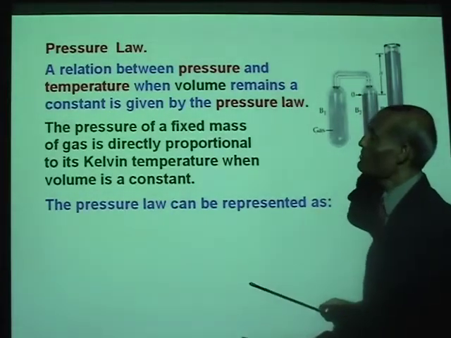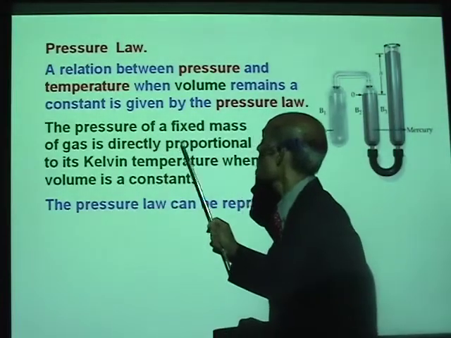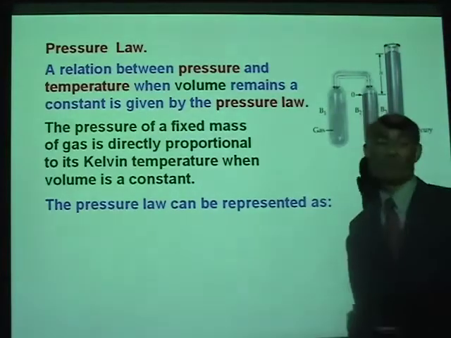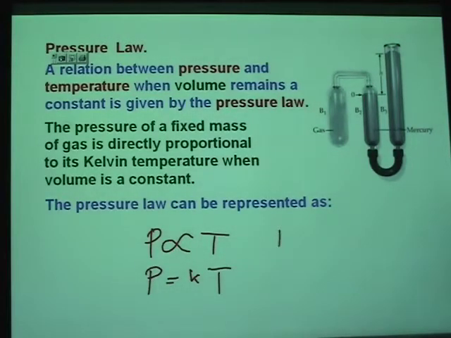Now, can you help me represent that by an equation? Pressure is directly proportional to temperature. So, I will be able to write it like this. Pressure is directly proportional to Kelvin temperature, or pressure equal to a constant multiplied by the Kelvin temperature, which is the same as P divided by T will remain a constant.